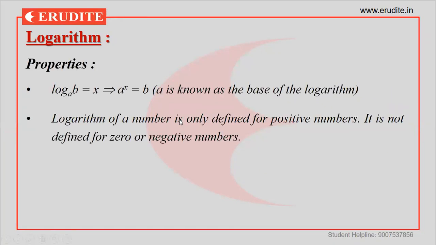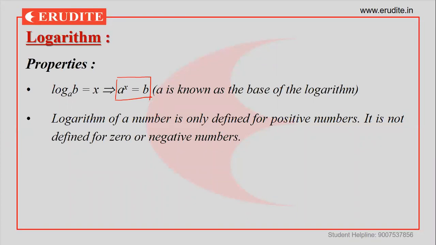Now let us go to the properties. In case of log, we have to apply the properties. Log of b to the base a is equal to x. The same thing I have written as a to the power x, which is equal to b. And a good number of times, we interchange from log to the number.